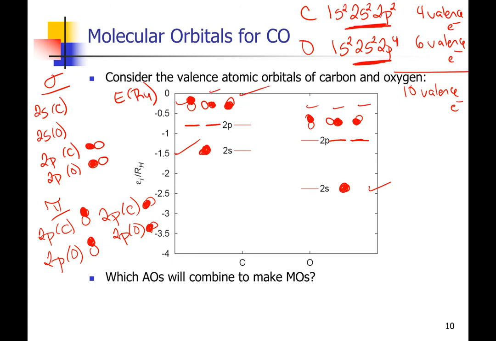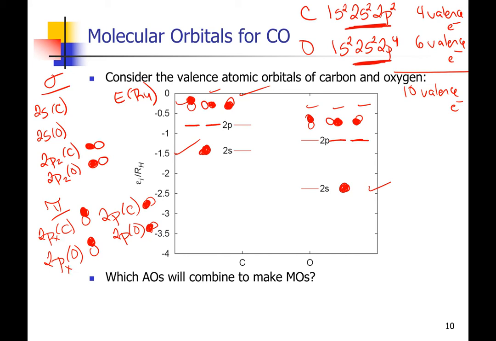Now that I've done that, I label my p orbitals with x, y, and z. The sigma category only has one direction of p orbital, so that makes it the 2pz. The pi category has 2 directions of p orbital, and so one direction gets assigned to be x, doesn't matter which, but be consistent.